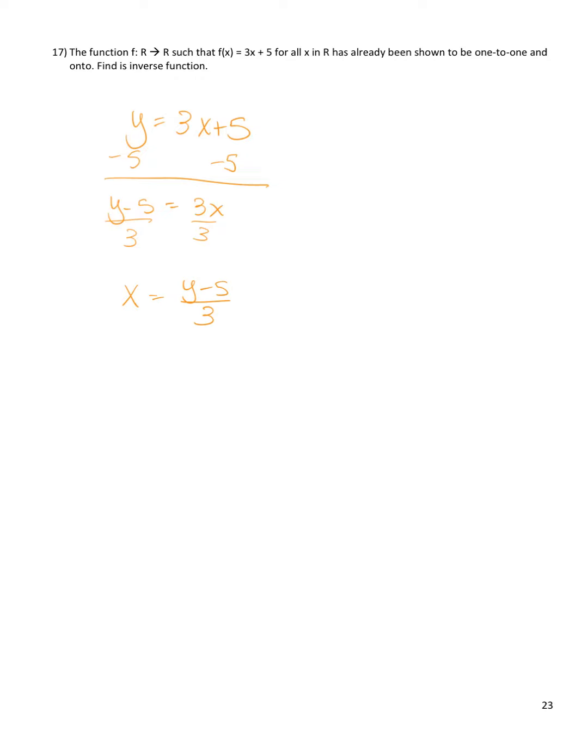Now, typically, functions use x as their input and y as their output, right? So my original function was f of x equals 3x plus 5. That's just a convention, that x is the input and y is the output.